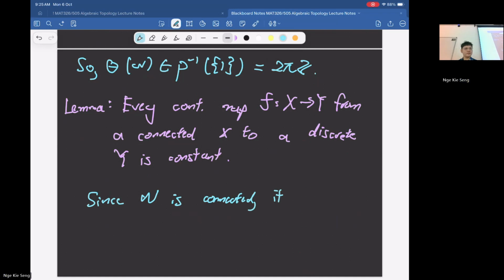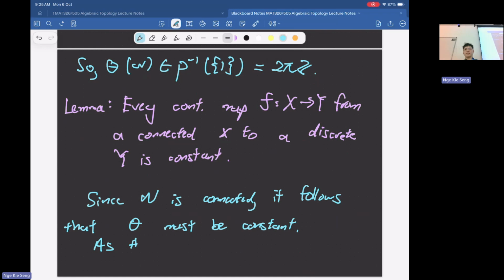Must be constant. But there's one place where it vanished, W naught. So it has to vanish everywhere. So this tells you that the two lifts are identical everywhere.